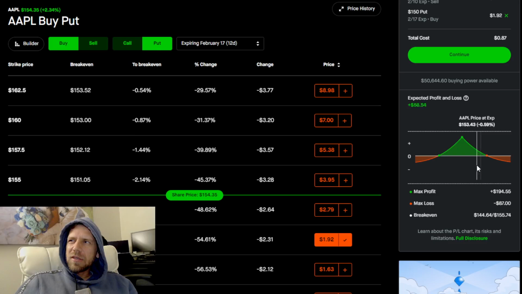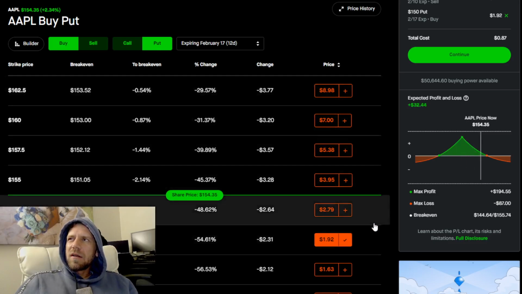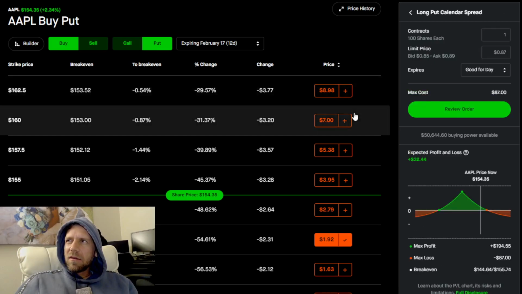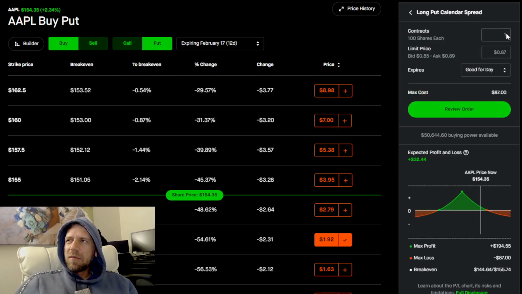You see how this works? All right, now what if I'm a baller, right? What if I have more than $87 in my Robinhood account or my brokerage account? You click continue, and instead of this number being 1, you put down 50 contracts. That's quite a lot. 50 contracts.